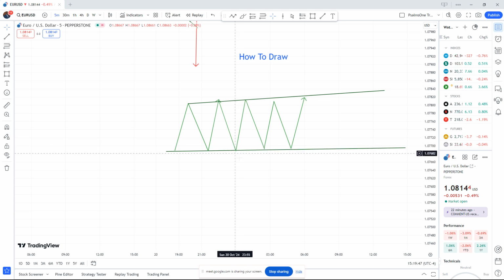The opening price and closing price have almost no difference. That's why it's indecision. It's telling us that nobody is really winning, I can't say the buyer or the seller is winning. So it's a wait signal. It's a wait signal.